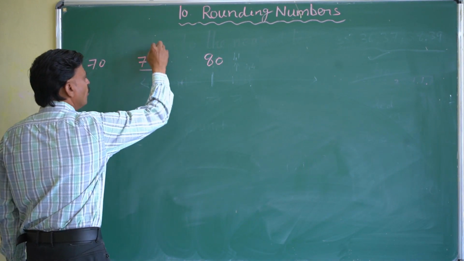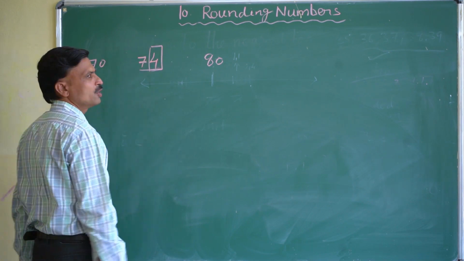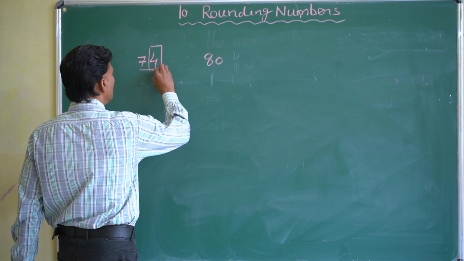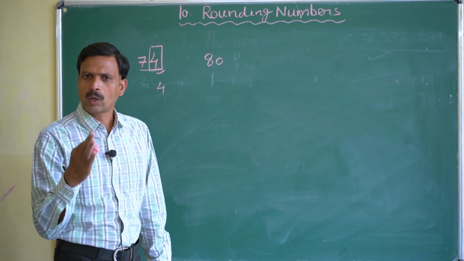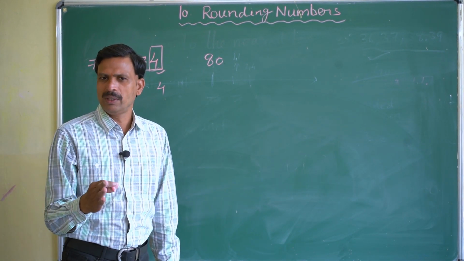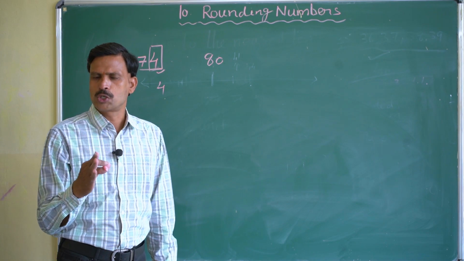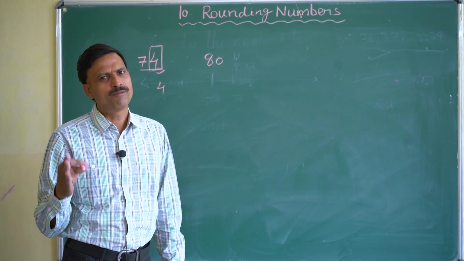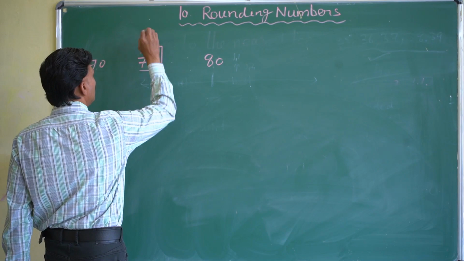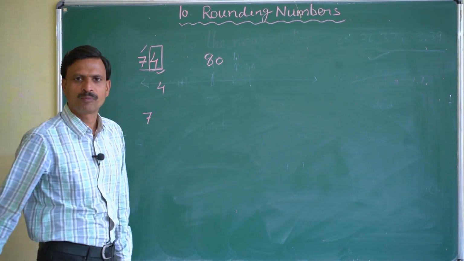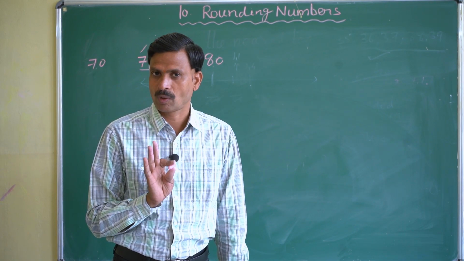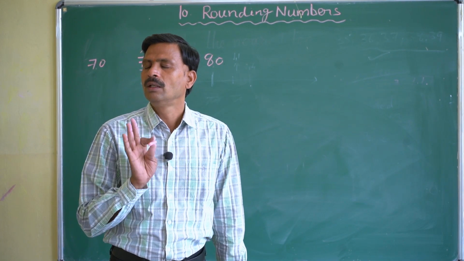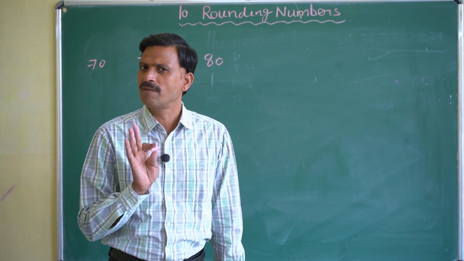For checking it, what is the rule? We'll see the unit place digit first. So here the unit place digit is 4, and according to the rule, if the unit place digit is 1, 2, 3 or 4, the 10th place digit will stay as it is. We are not going to add to the 10th place digit, because here the unit place digit is 4.